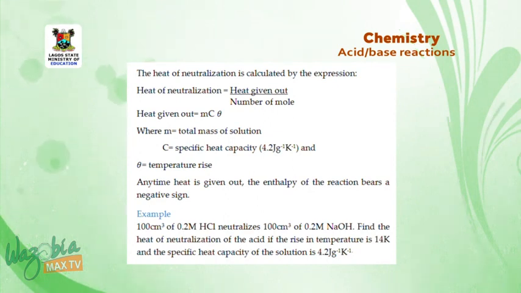Example: 100 cm³ of 0.2 molar HCl neutralizes 100 cm³ of 0.2 molar NaOH. Find the heat of neutralization of the acid if the rise in temperature is 14 Kelvin and the specific heat capacity of the solution is 4.2 joule per gram per Kelvin.